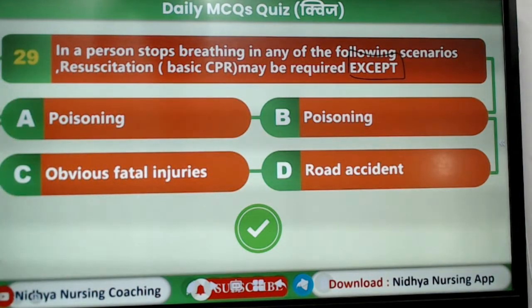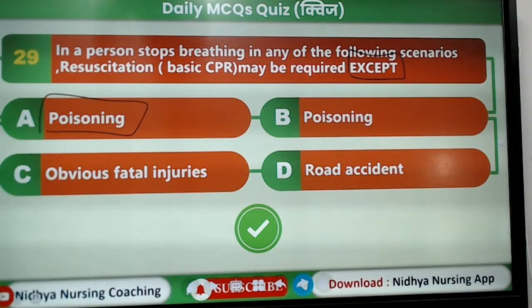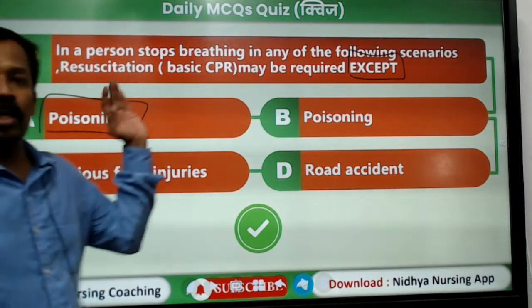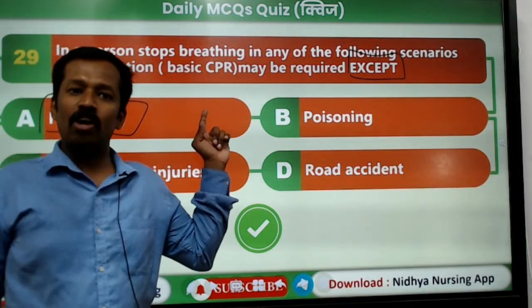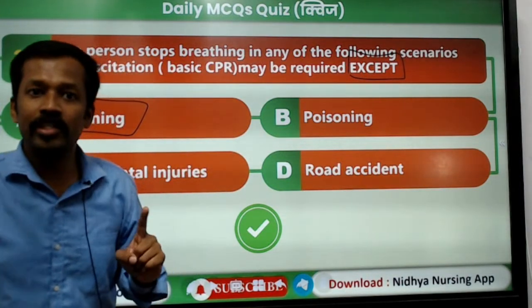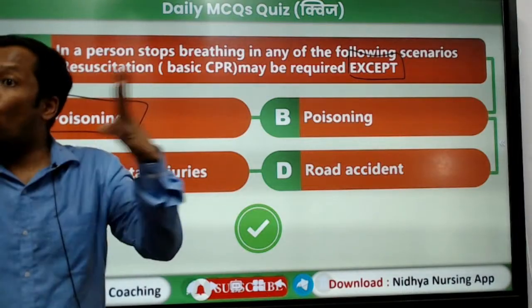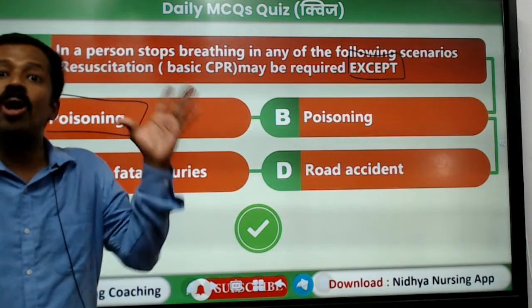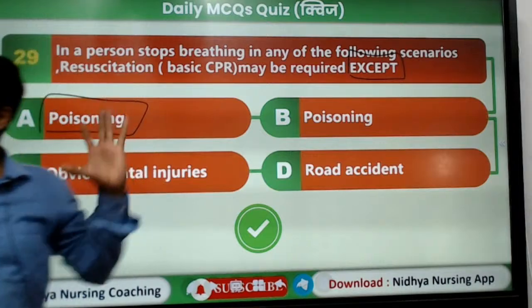So poisoning. For poisoning, do we give basic CPR? Rescue breath, open airway or rescue breath, that is one of the things we can give.